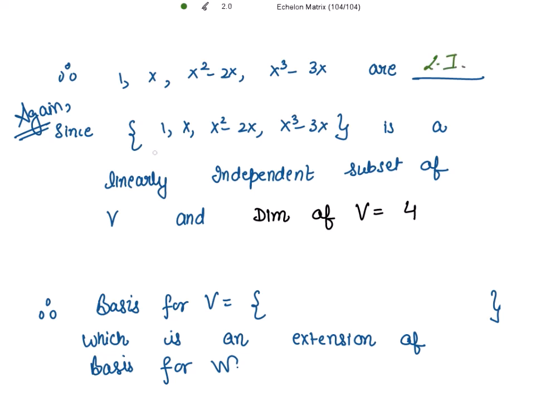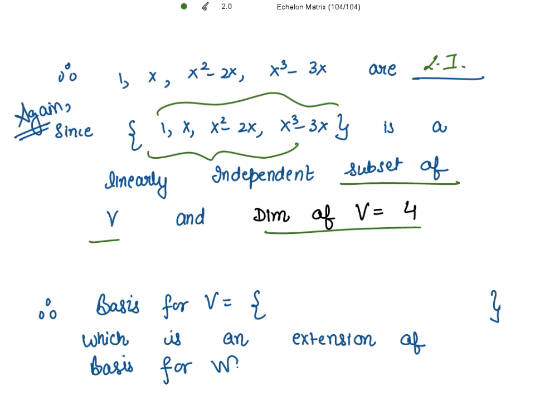Again, since this set is a linearly independent subset of V, which is very important, and the dimension of V is 4, as we know from the standard ordered basis, and these are also 4 in number, we can write the basis of V: 1, x, x square minus 2x, x cube minus 3x.